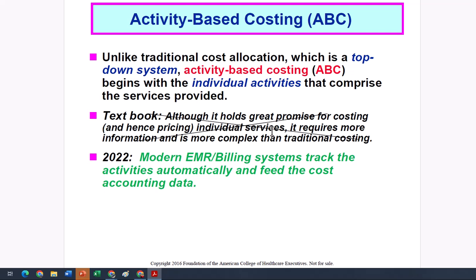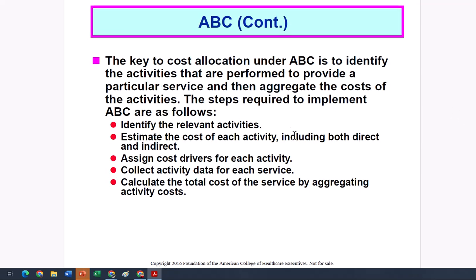An Epic type system, a Cerner type system, with all this clinical and financial data in one huge database, and barcode tracking and everything else that the clinicians know way more about than I do. It's really made activity based costing more viable. We'll sum it up at the end.